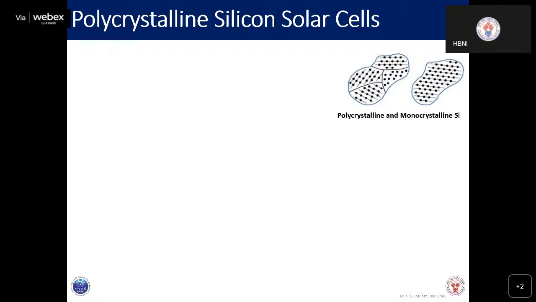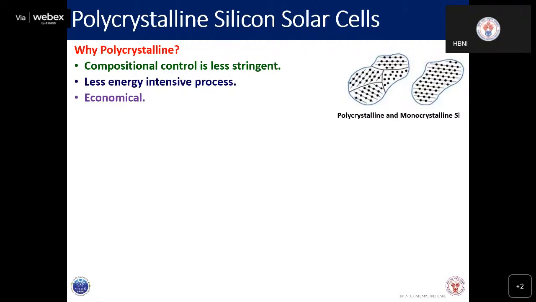So polycrystalline is single crystalline on a very small level, but overall it is not single crystal throughout the material. So compositional control is less stringent in these.